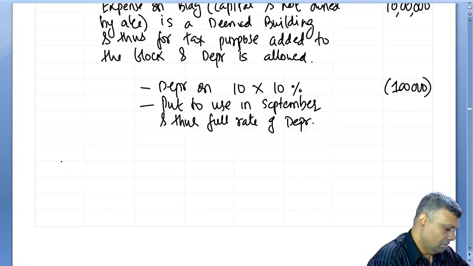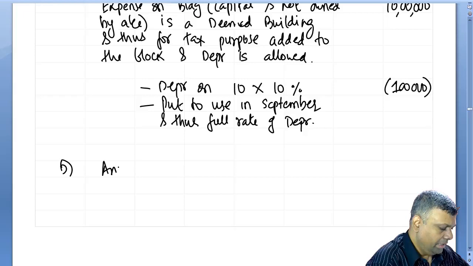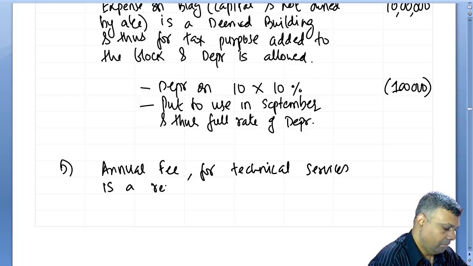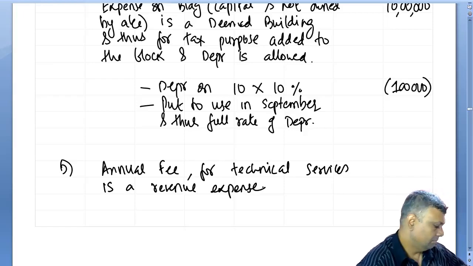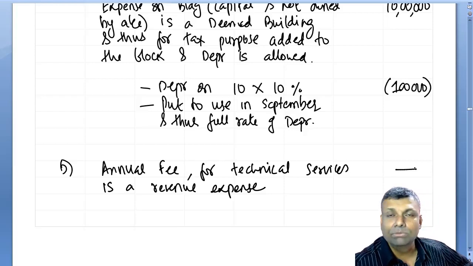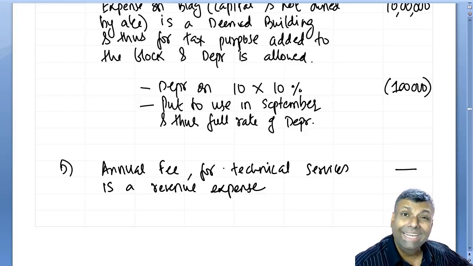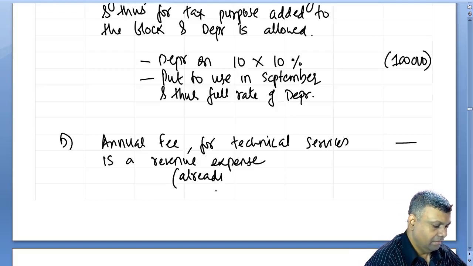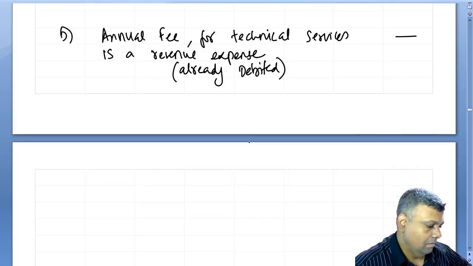Okay, so point number B, annual fee for technical services is a revenue expense. So no question of any adjustment required, because all these items are already debited to the P&L. If you want, you can write here already debited.